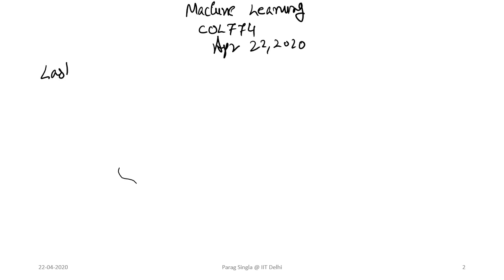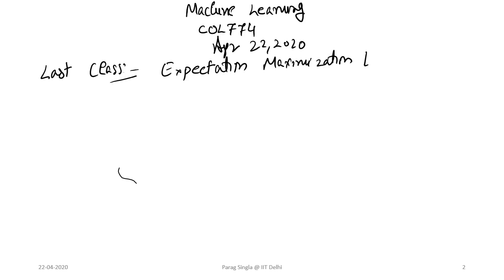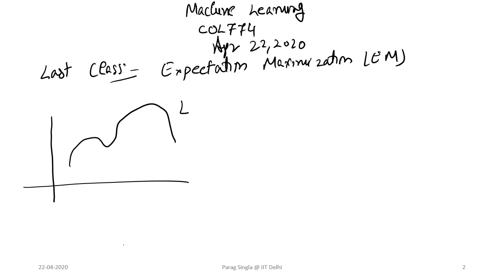So last class, remember, we were looking at the expectation maximization algorithm, or the EM algorithm, and the intuition that we discussed was that we had this LL theta, which was a complicated looking expression, and we wanted to optimize this.